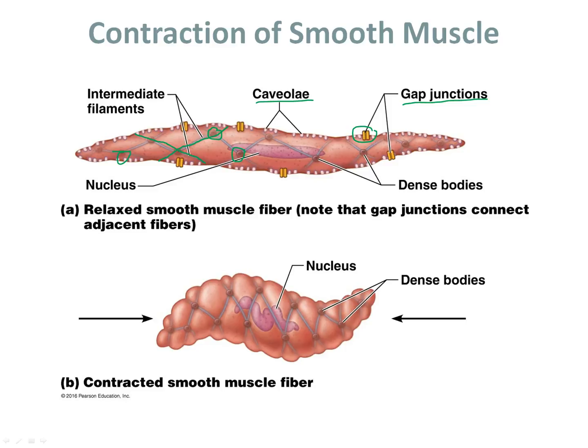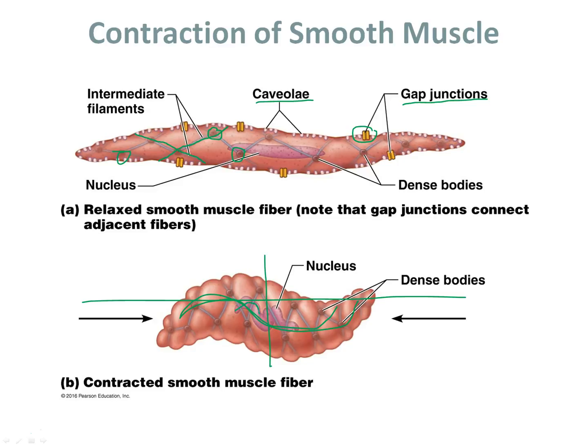When a smooth muscle contracts, it contracts in length, and it's a little hard to see from this, it will contract in width as well. So this smooth muscle will contract both ways, and it contracts in a twisting fashion, so you kind of get this little S-shaped, squished cell.